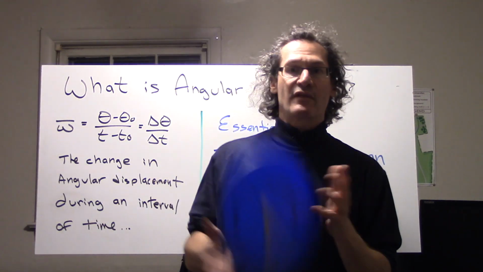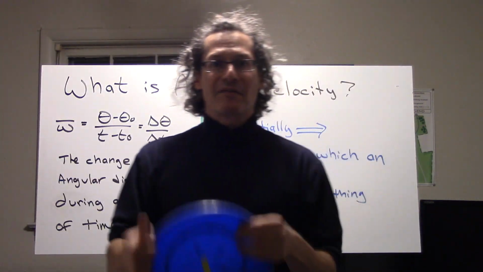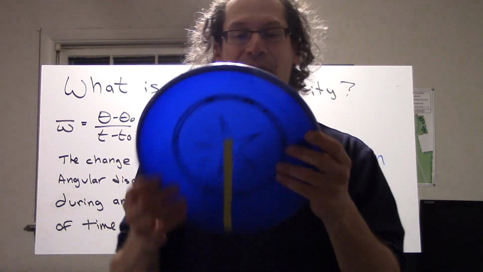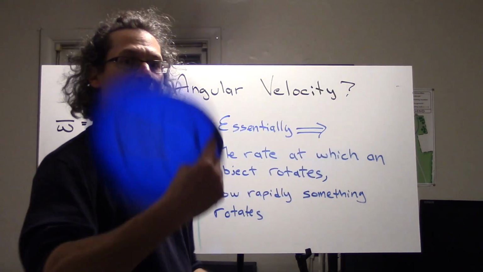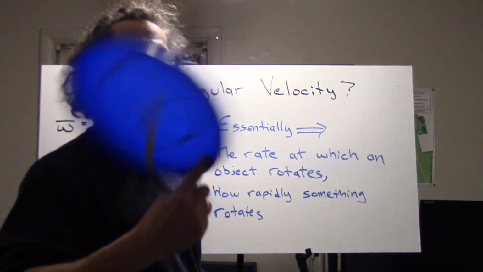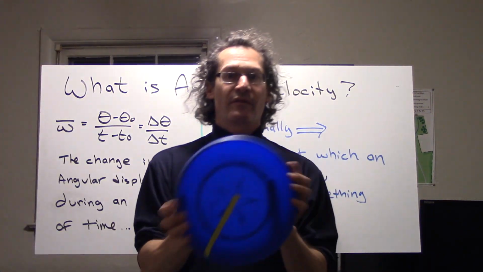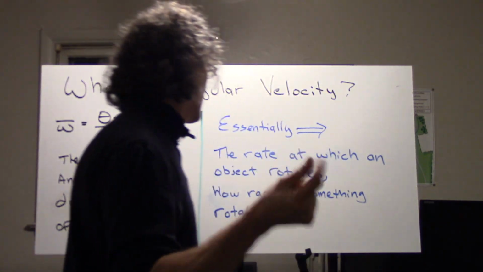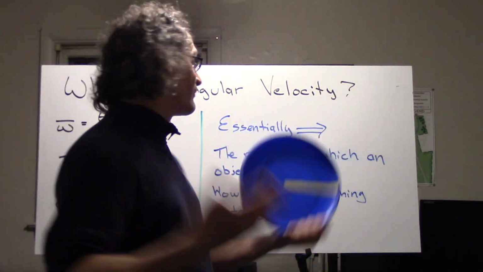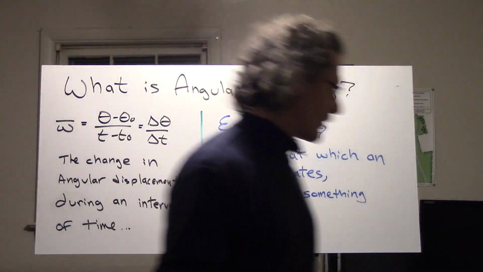So we'll do some demonstrations of that. As I spin this around, I'm going to check it out later, but maybe this thing will actually look like the line is going backwards or something weird like that if I do it fast enough. But I'm not skilled enough to do it perfectly in front of the lens. Okay, angular velocity, how fast something rotates. That's the basic gist of it.